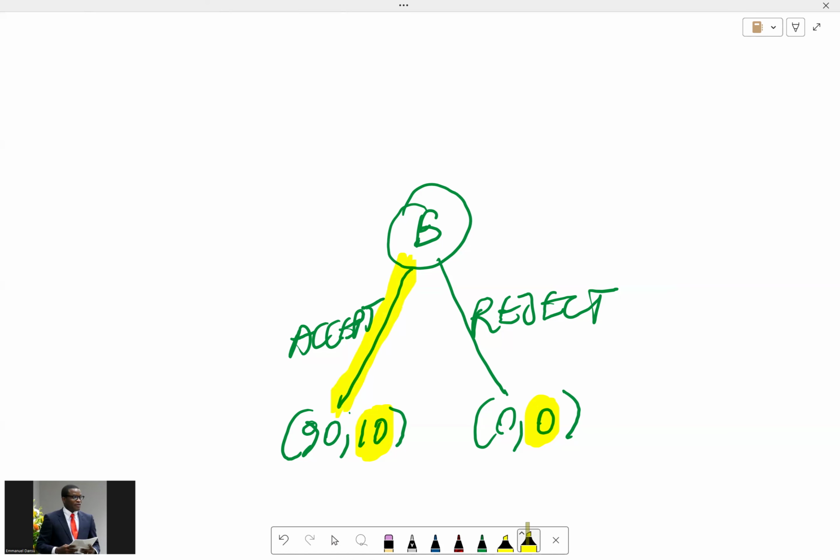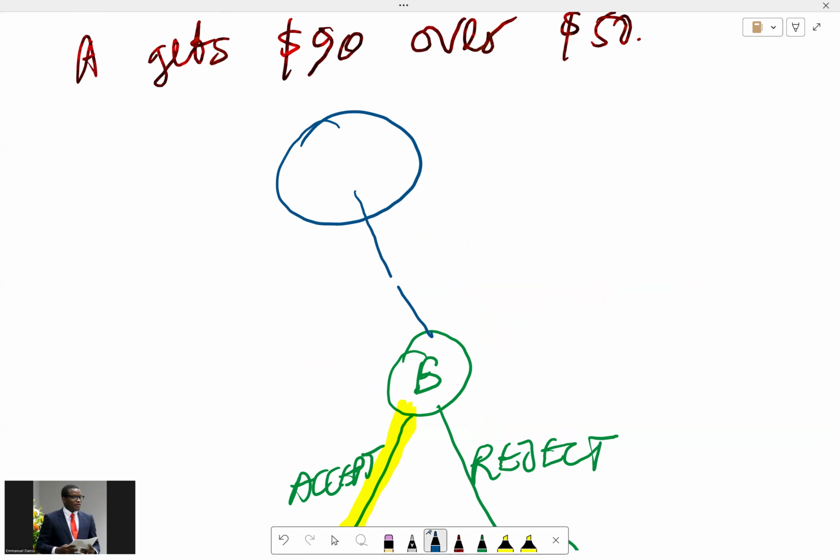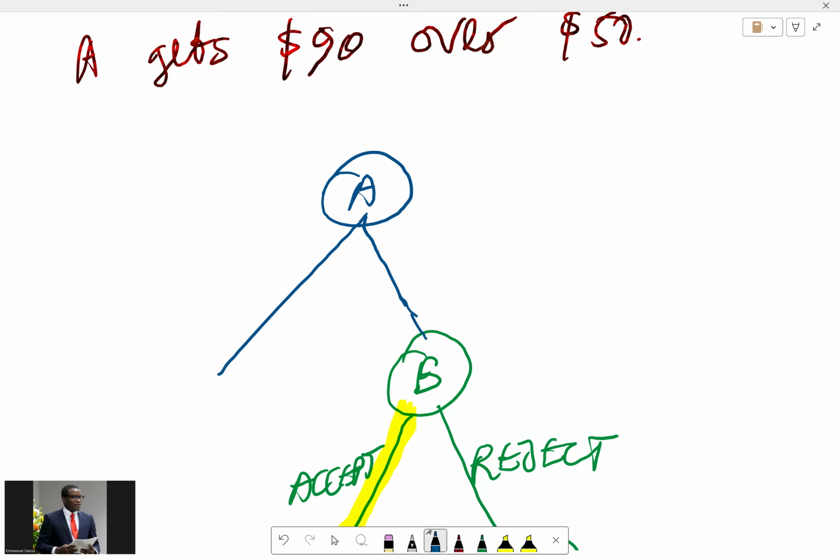So working this back up now, what will lead to this point is the fact that A already knows that B has two options, I mean, A has two options. A can choose to be unfair, or A can choose to be fair.